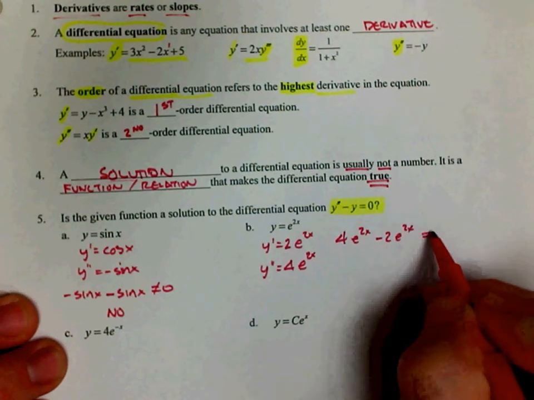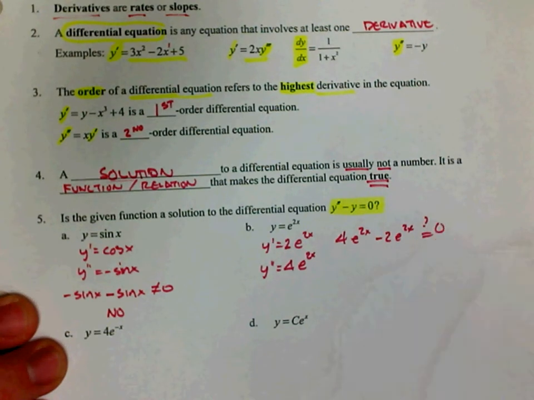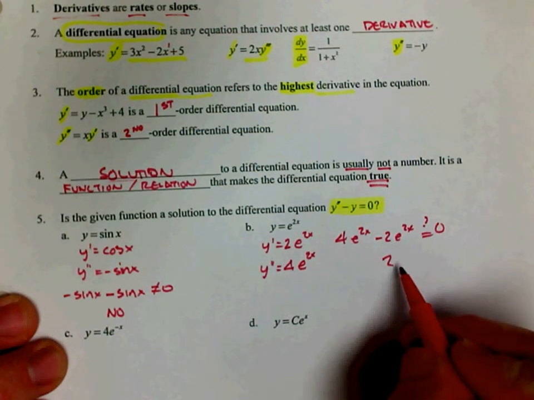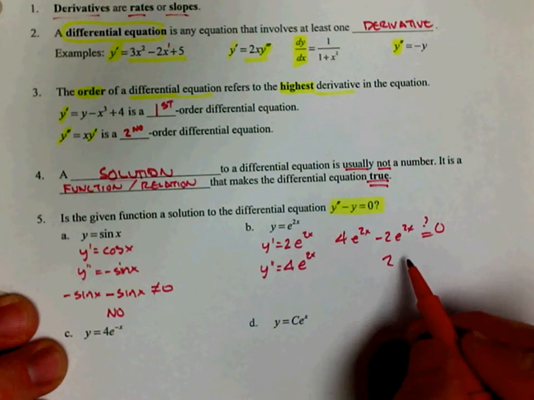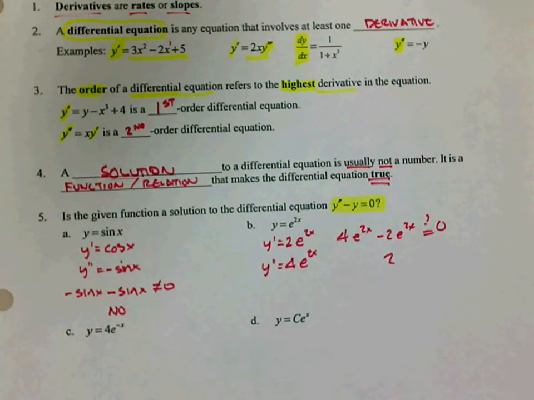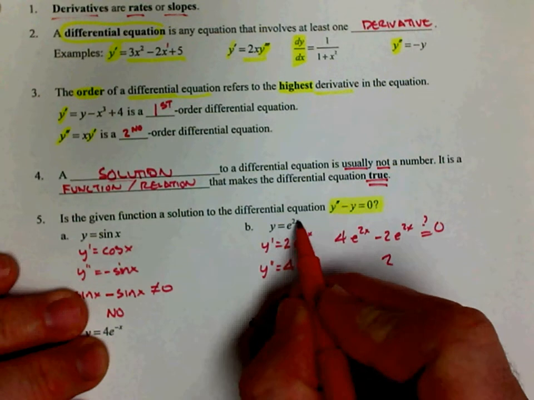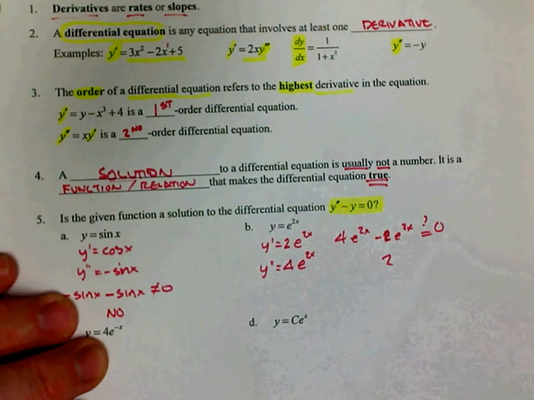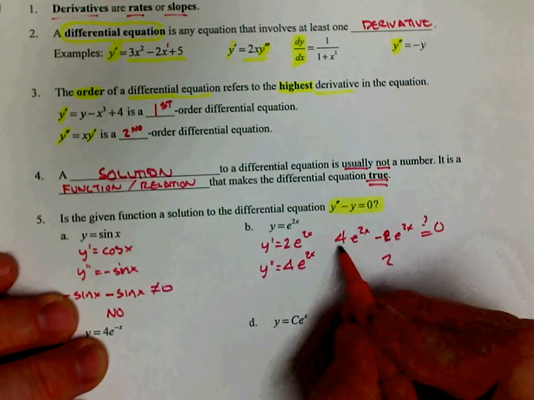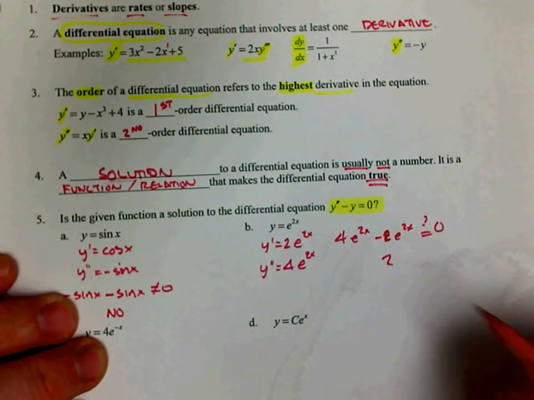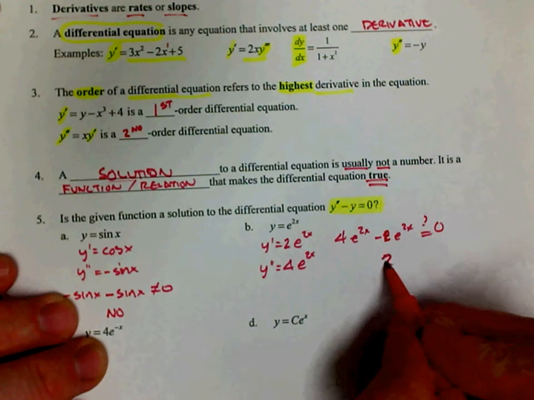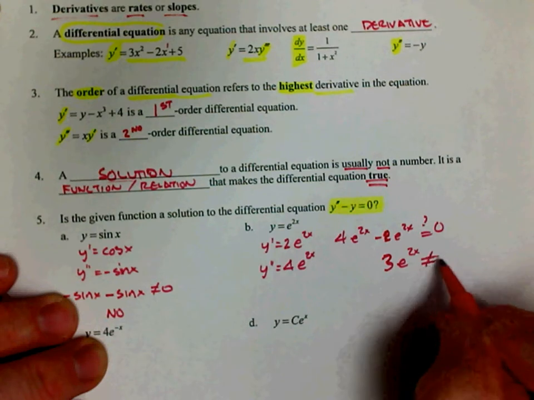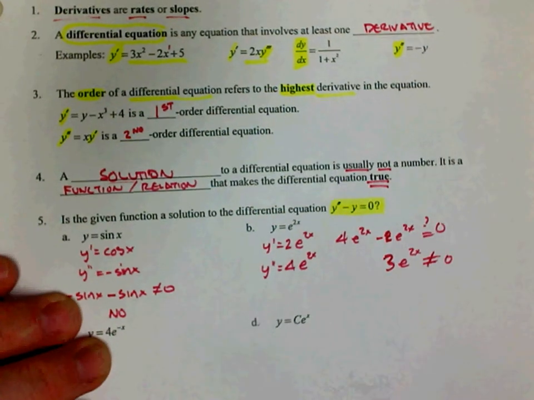Does that equal 0? Obviously not. Or in this case, I substituted the wrong thing in here. Sorry about that. This was supposed to be just e to the x. Sorry about that. It still doesn't make any difference. 4e to the 2x minus e to the 2x gives us 3e to the 2x, which is not equal to 0.